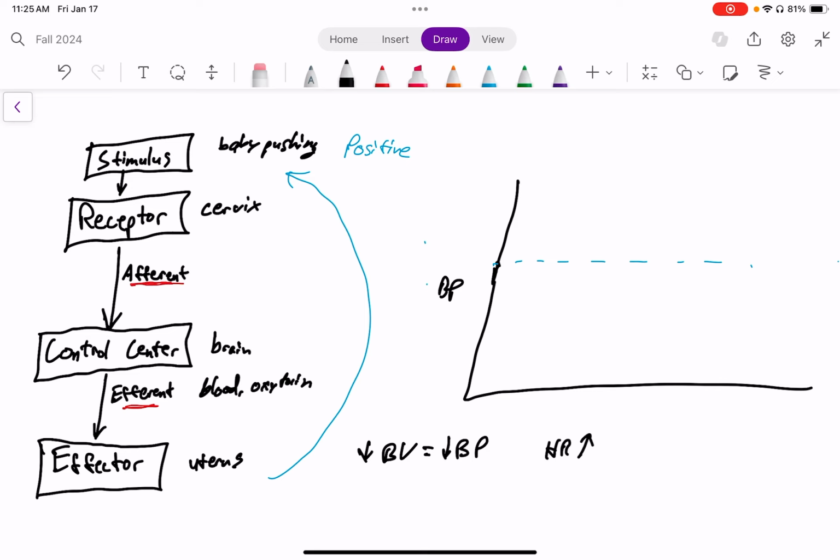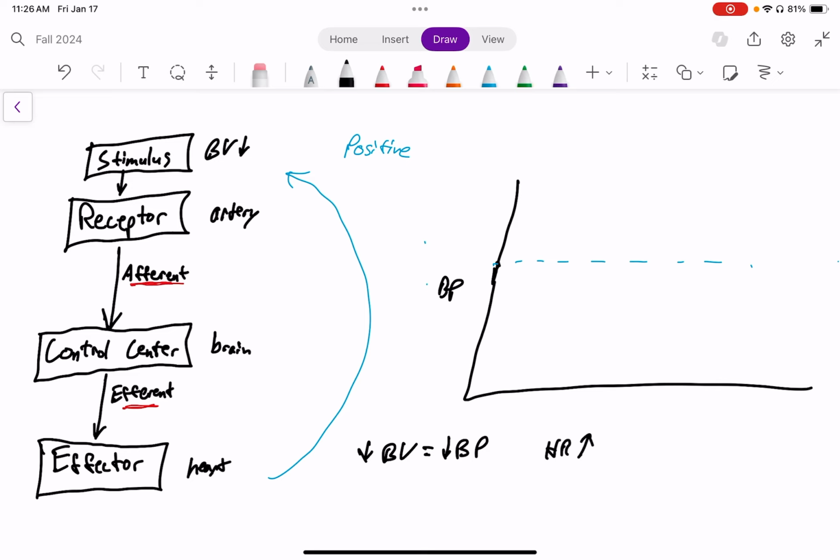However, as the body seeks to respond to this new stimulus of blood volume going down, the veins and the arteries can receive this information. It goes to the brain and it tells the heart, which is then the effector organ, to increase its rate.